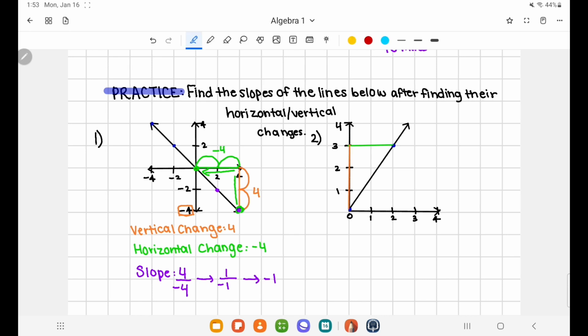All right, let's start with our vertical change. 1, 2, 3. All right. Now for horizontal change. 1, 2.